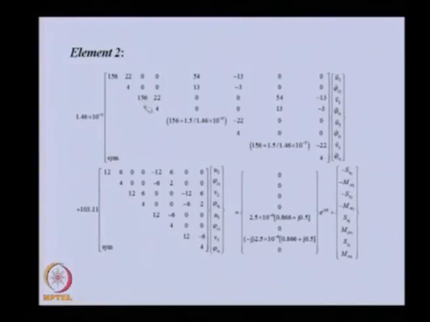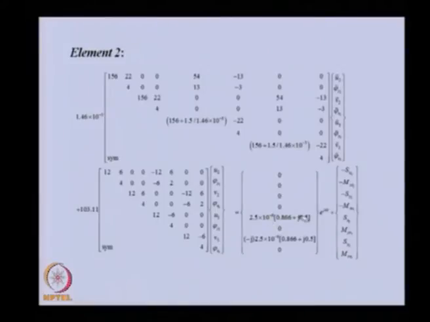In element 2, we have considered the disk. You can see the disk mass is also appearing. The diametral mass moment of inertia of the disk we have not considered, and the stiffness matrix. This is the reaction force and torque, but now you can see this is the unbalanced force.